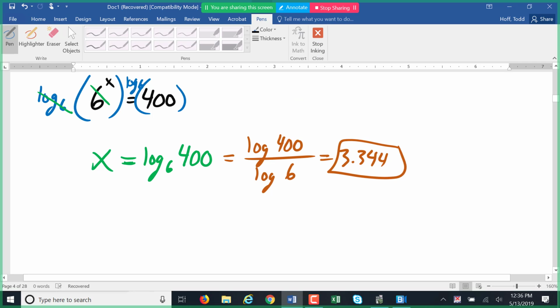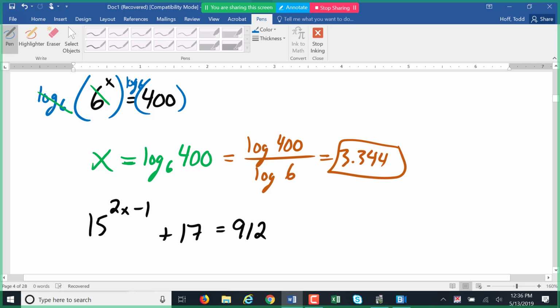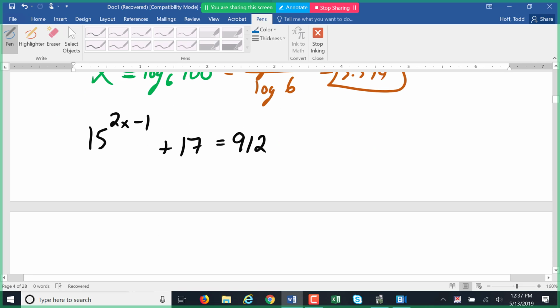These can get more complicated. We might have 15 to the power of 2x minus 1 plus 17 equals 912. First, just like with linear equations, we have to do some prep work. Also, like our radical equations, where I had to isolate the radical, here with an exponential equation, we have to isolate the exponential.